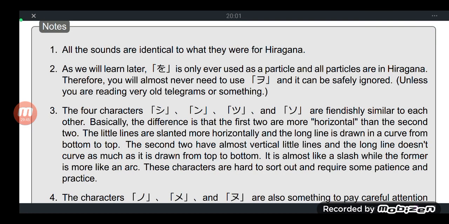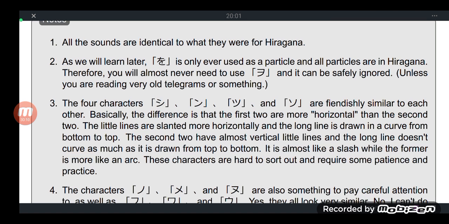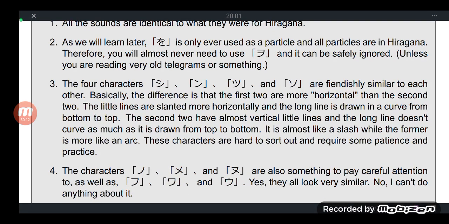As we will learn later, the wo is only ever used as a particle, and all particles are in hiragana. When you're dealing with particles, you don't use katakana, but rather hiragana. Therefore, you will almost never use the katakana wo, and sometimes it is ignored, unless you're using very old telegrams.